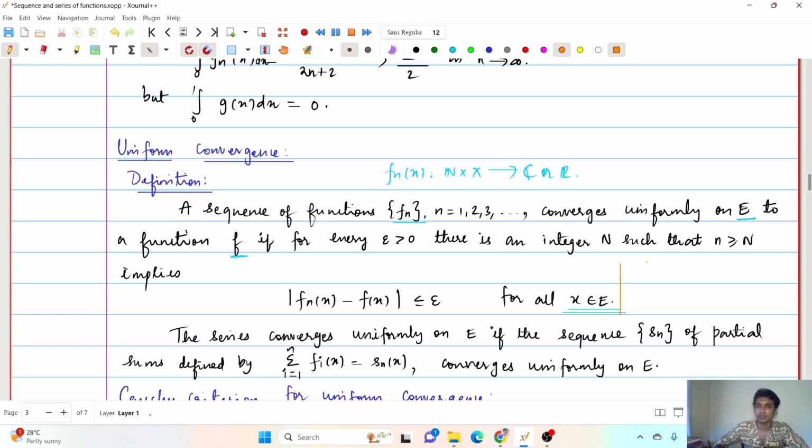What is the main difference between pointwise convergence and uniform convergence? When we talk about pointwise convergence, we fix a point. Once we fix a point, fn of x is just treated as some an, and we know how to check the convergence of an. In this way we find the limit for every x, and that is how we constitute a limit function.